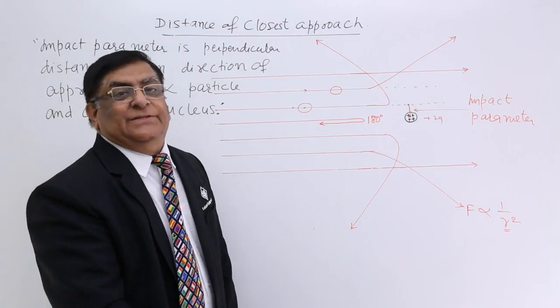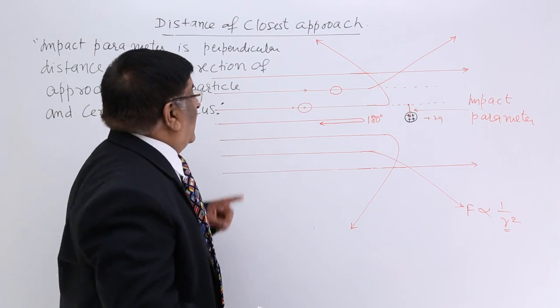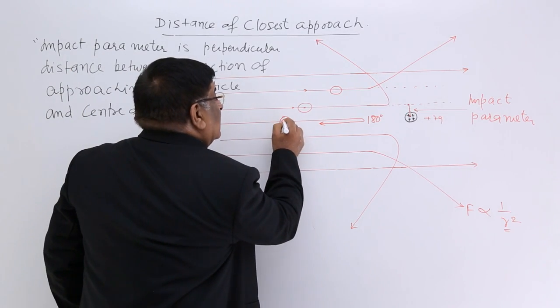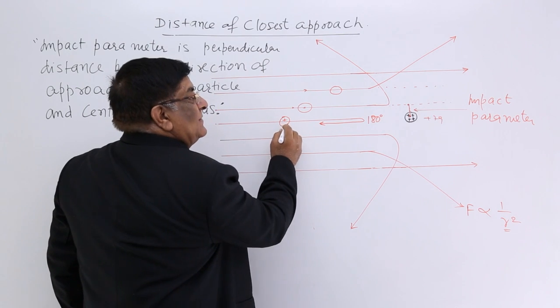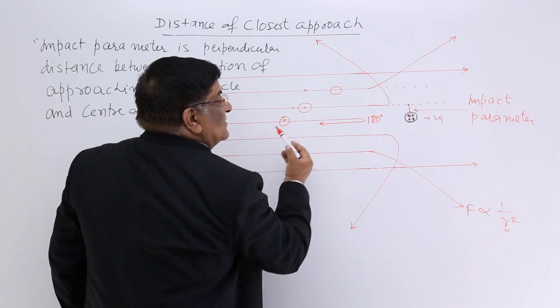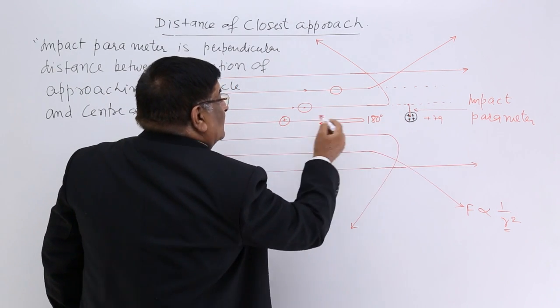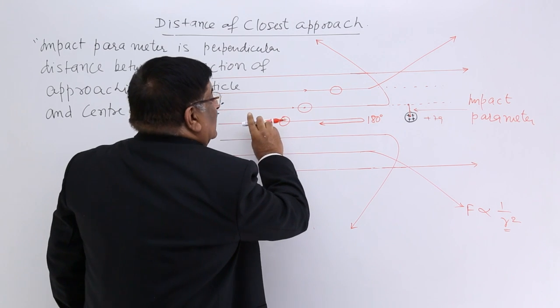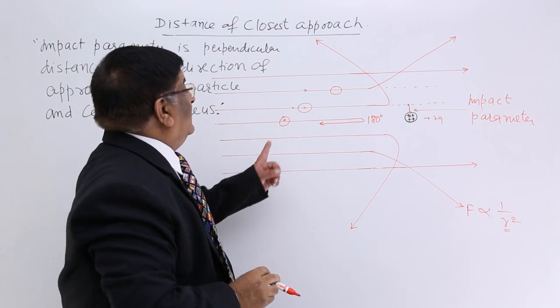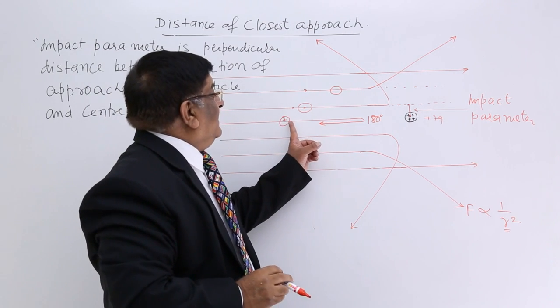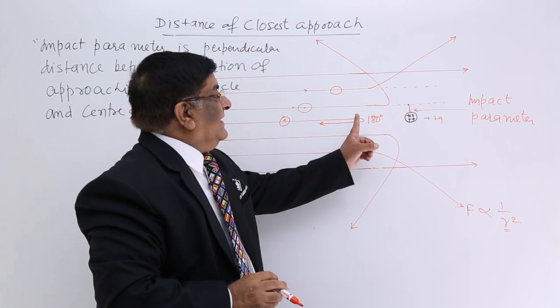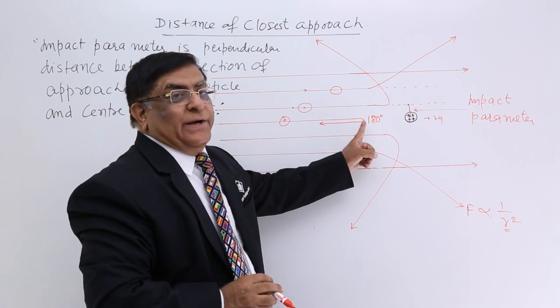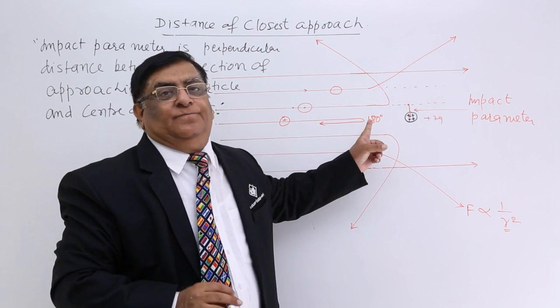Why has it turned? Answer, because there is a positive charge on it, there is a force of repulsion on it. Because of this force there is a deceleration. Because of that the speed goes on decreasing. At one point the speed becomes 0.